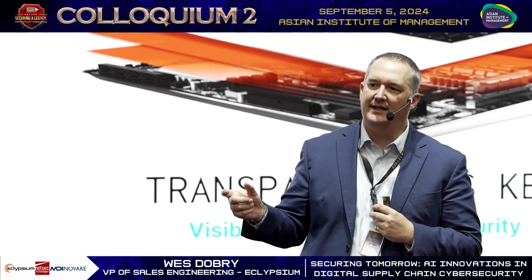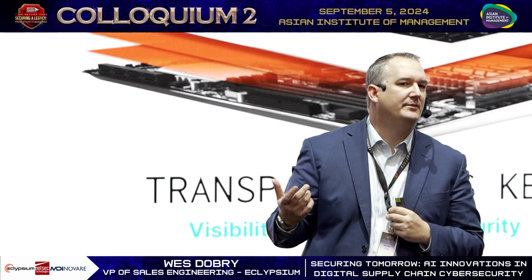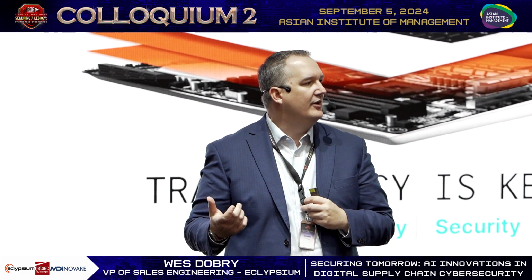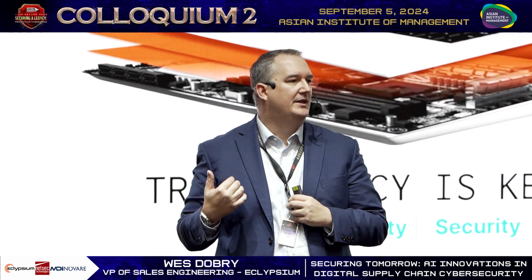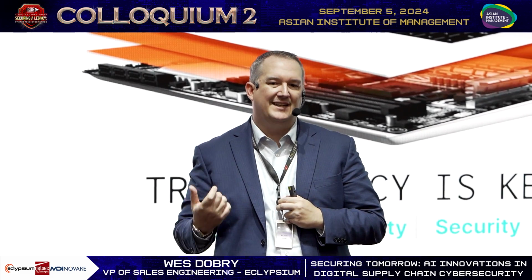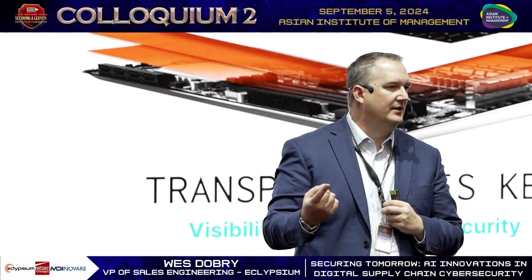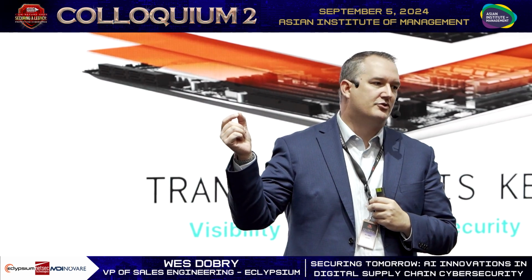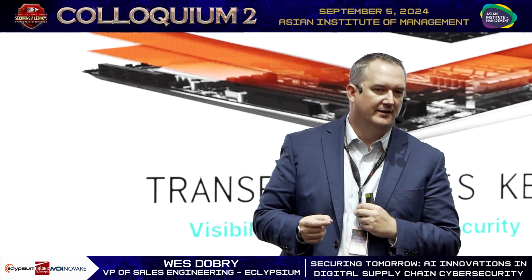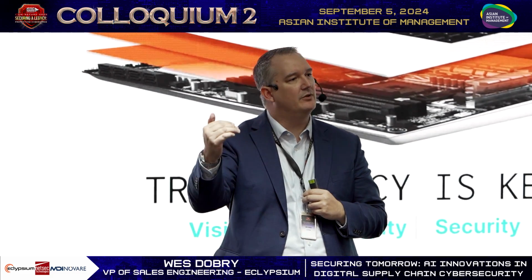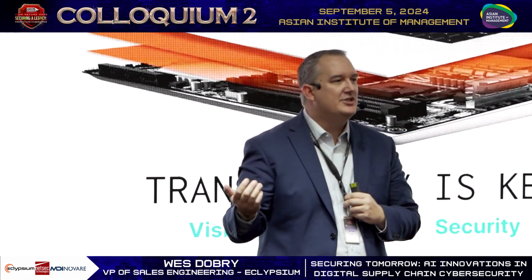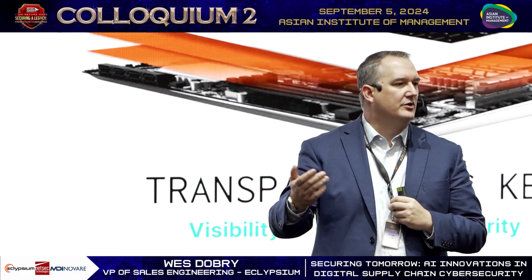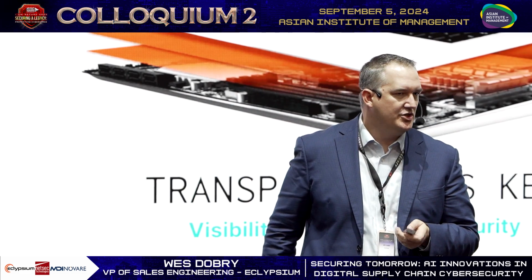We need the ability to see what subcomponents are within a device, and ultimately, when I receive a piece of equipment, understand what's within it. Integrity is the ability to verify those components as genuine. So this is things like being able to trust and track a supply chain. And then security is reduction of vulnerabilities, identification of said vulnerabilities, and of course, risks and misconfigurations and change.